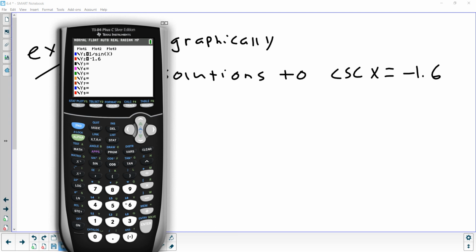And now, I don't want to be looking at multiple cycles. I want to focus on one cycle. What's the cycle of cosecant?